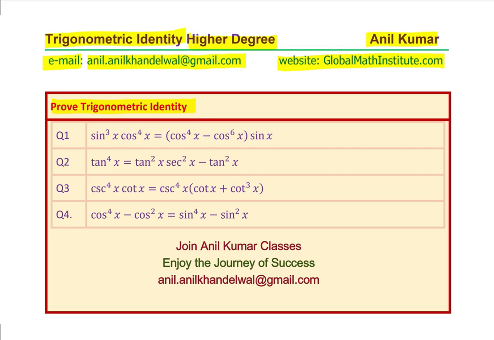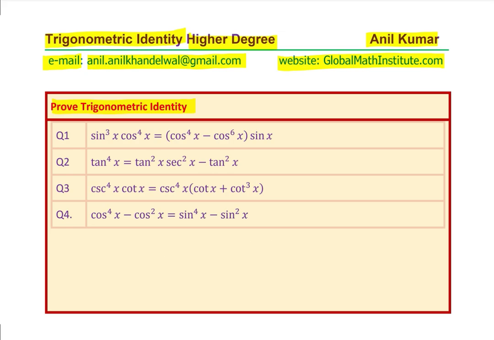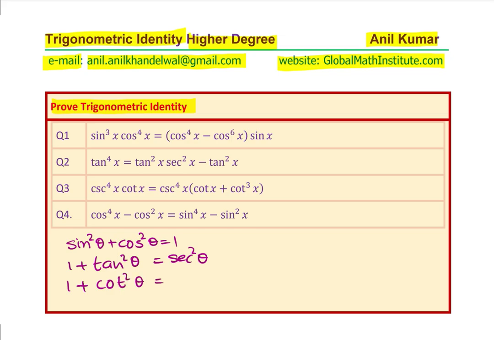We'll see what strategy to follow to answer these questions. Well, in all of them, we are going to use the Pythagorean identities, which you know are sine square theta plus cos square theta equals 1, 1 plus tan square theta equals secant square theta, and 1 plus cotangent square theta is cosecant square theta, correct?